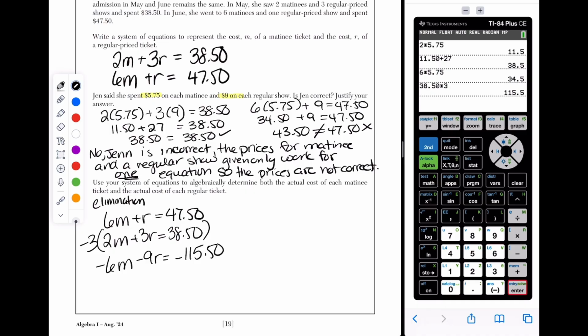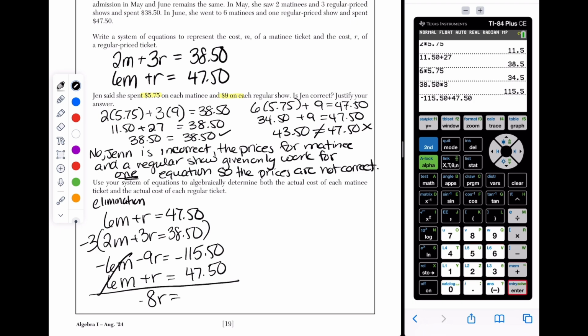Okay, now that I have that, I can combine them together. So now let's put the other one underneath it. These two cancel out, and now I have -9r plus r is equal to -8r, and I can just do -115.50 plus 47.50, and I get -68.